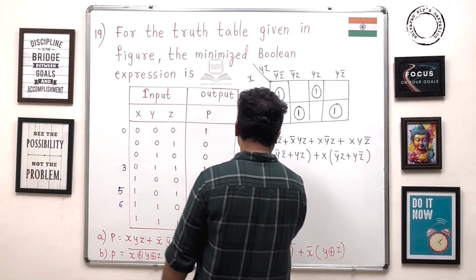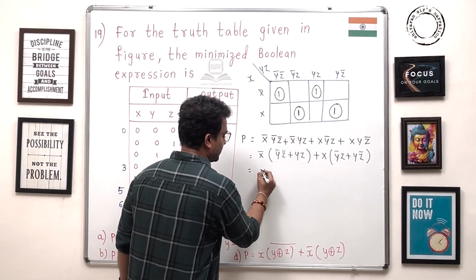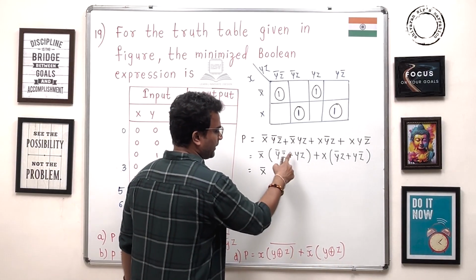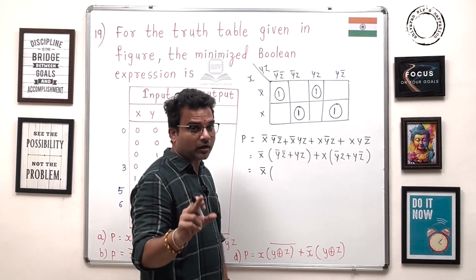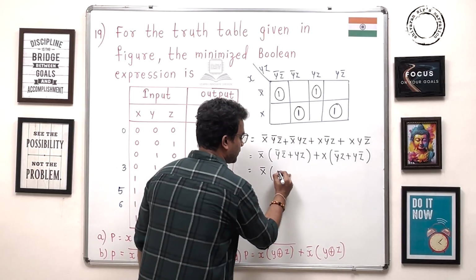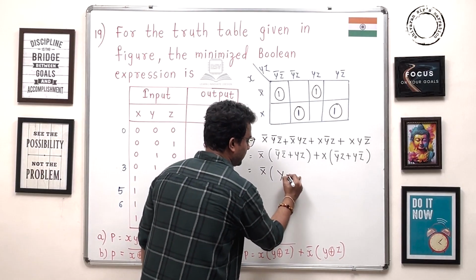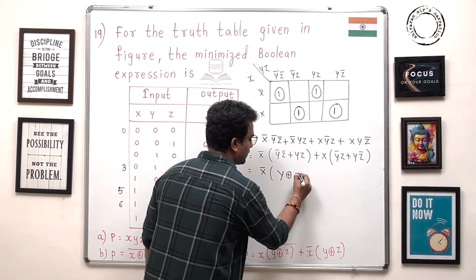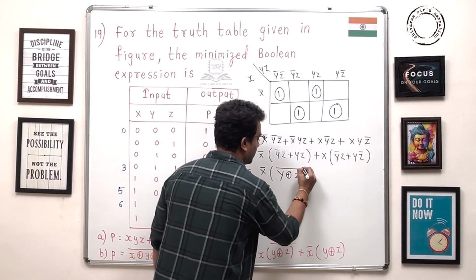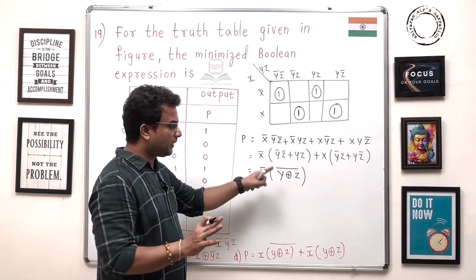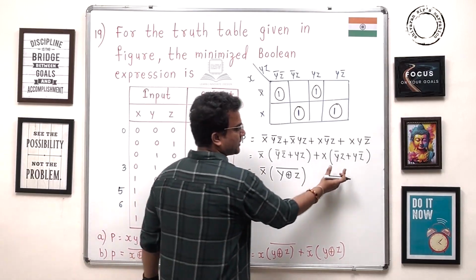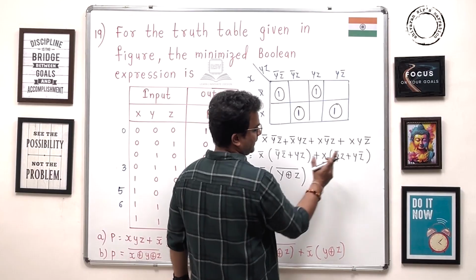Now guys, here this can be written as x bar times y bar z bar plus yz. It is an XNOR operation only now. Hence, why don't you write here y XOR z whole bar. You can write y XOR z also. Here we are taking as per the expression because here we have y XOR z.